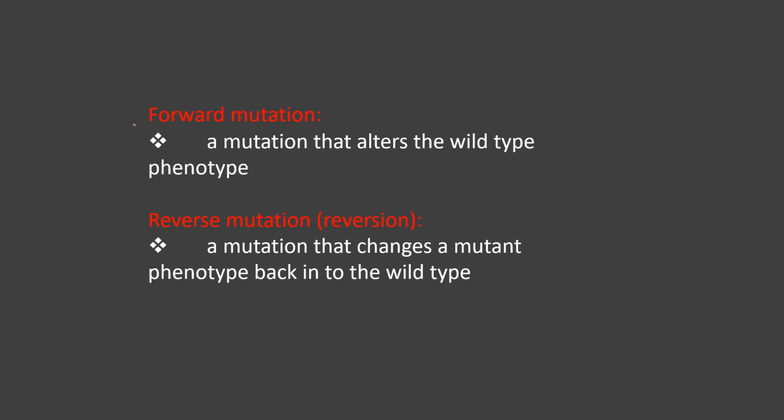Now, a forward mutation is going to be one that alters the wild type. That means that the forward mutation spreads within the population so rapidly, well, so pervasively, I should say, that eventually the original wild type disappears. Okay? So, for example, when Africans left Africa 75,000 years ago and went up north, they still had dark skin, right?